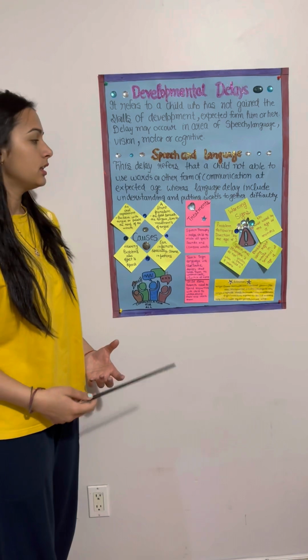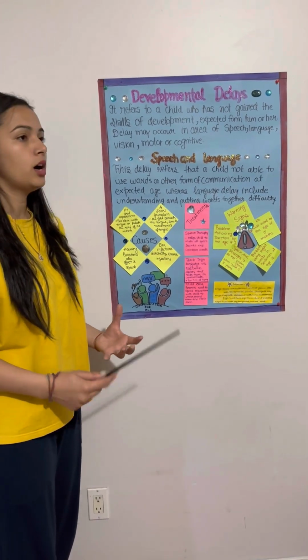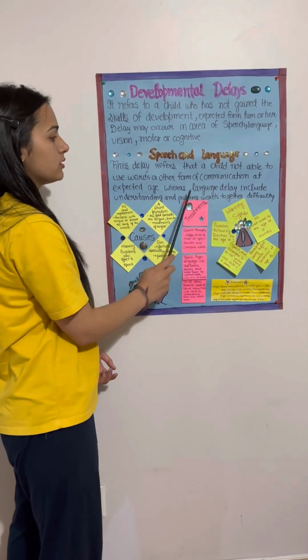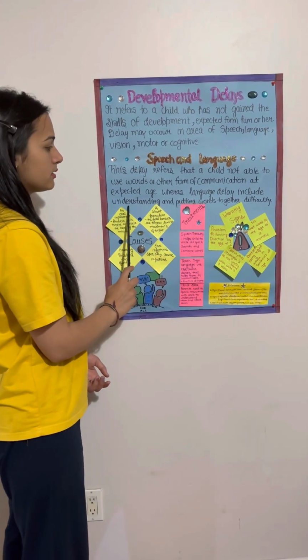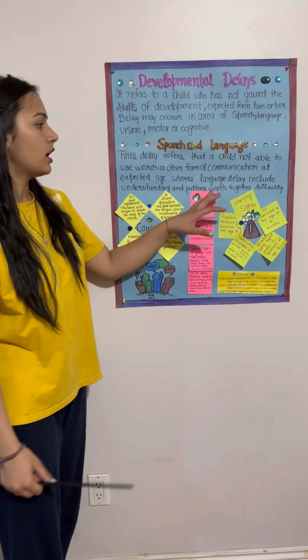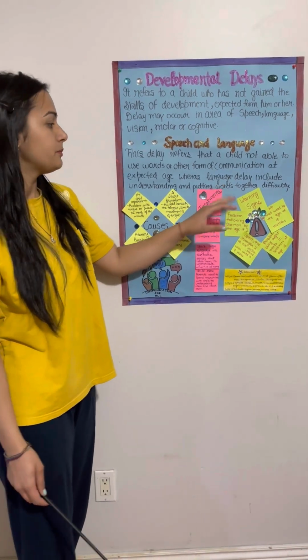So they feel a lack of communication and they do not know how to give a proper speech. On the other hand, language delays include understanding and putting words together, and children are not able to do that because they feel difficulty in it.